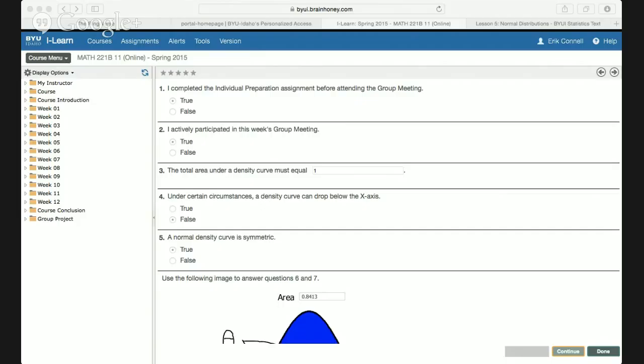So we take 165 and subtract the mean, then divide by the standard deviation, 8.8. Okay, 1.6136.